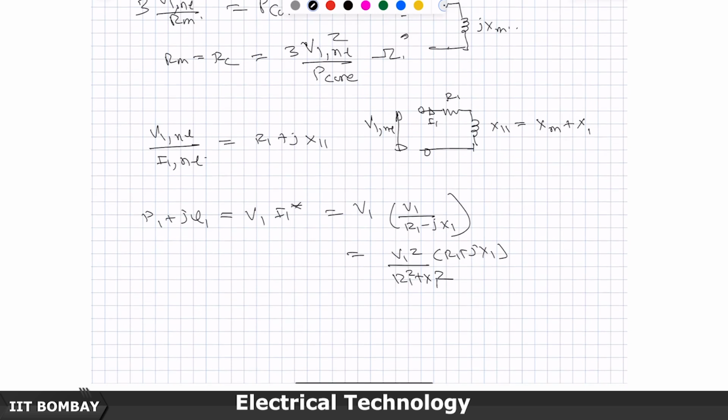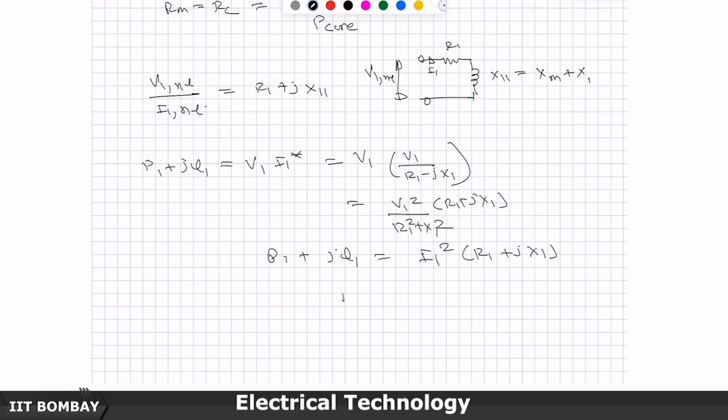But what is this denominator? This is the square of the impedance Z, and V1 square over Z square is I1 square, the square of the magnitude of the current, times R1 plus jX1. This is equal to P1 plus jQ1.